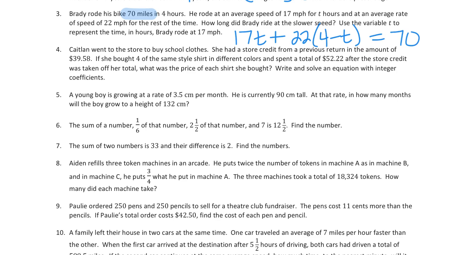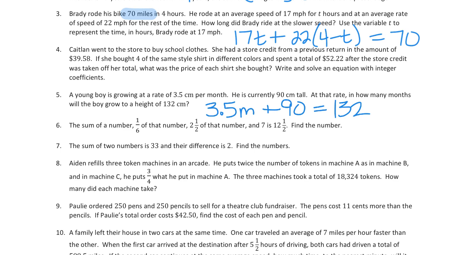So he's growing at a rate of 3 5/10 centimeters per month. So 3 5/10 centimeters times the number of months plus the 90 he already is at equals 132.